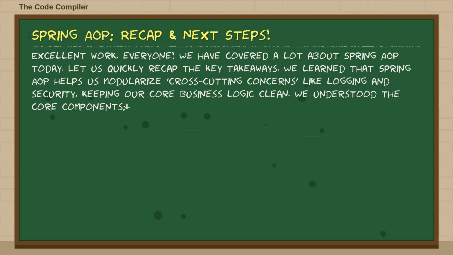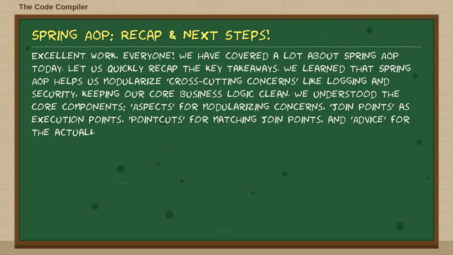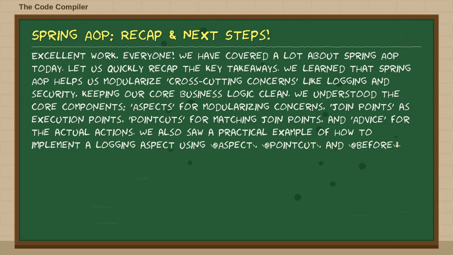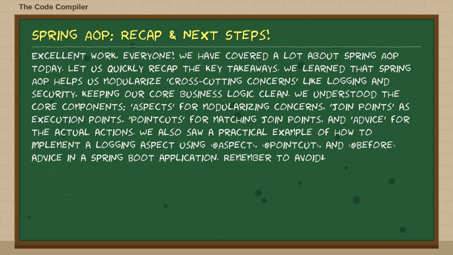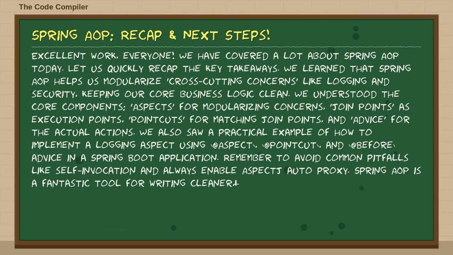We understood the core components: aspects for modularizing concerns, join points as execution points, pointcuts for matching join points, and advice for the actual actions. We also saw a practical example of how to implement a logging aspect using @Aspect, @Pointcut, and @Before advice in a Spring Boot application. Remember to avoid common pitfalls like self-invocation and always enable AspectJ auto proxy.